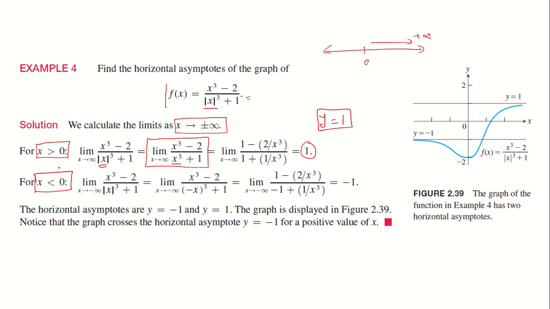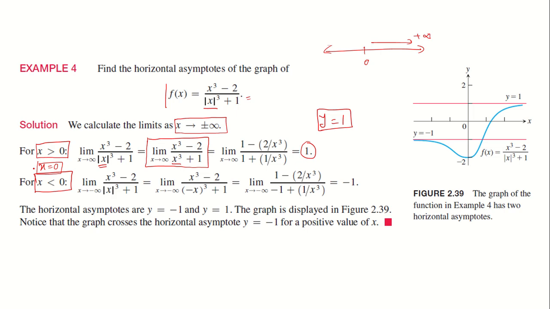Basically, there are three options, x equals 0 being another one. But we don't need to check x equals 0 since we are finding the horizontal asymptotes. As we know, for finding horizontal asymptotes, we have to find the limit when x approaches infinity, whether positive or negative, right?